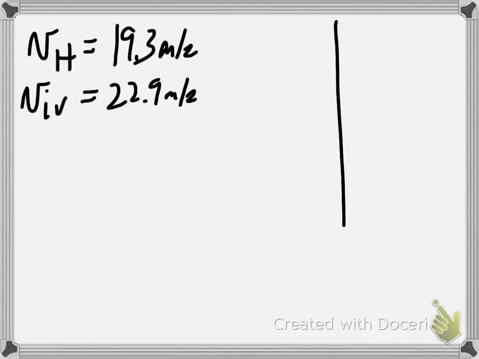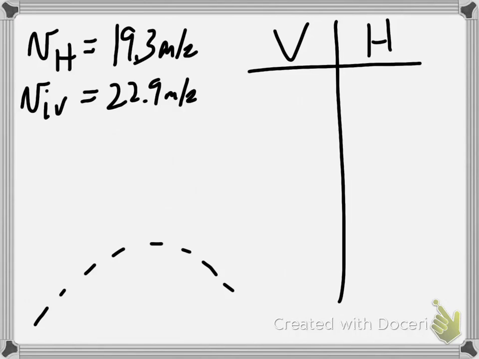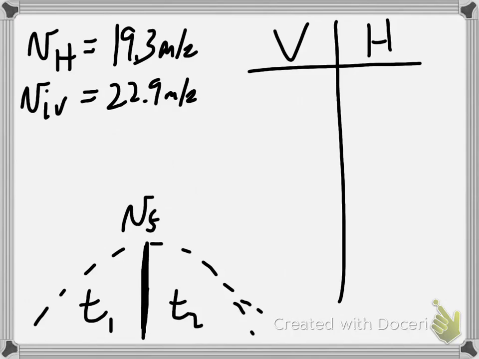Other things we know, if we break it up into our knowns, vertical and horizontal. Now, the path looks like this. Well, kind of. And we always go to the halfway point when we're doing calculations in a projectile. The time to get to that halfway point is equal to the time it takes to go from that halfway point to the ground. At this very top point, we know that vertical velocity is 0. That final vertical velocity at the halfway point, that's crucial.